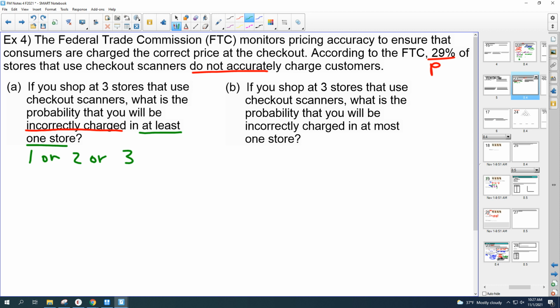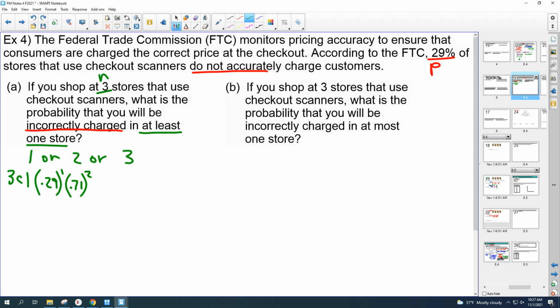So we want to do 3 different iterations of that formula. We've got 3 stores, so that's your n number, and we're going to use x equals 1. 3 choose 1, and then that means we're going to have 1 of the 0.29s. And 1 minus 0.29 is 0.71. So that'd be 2 that do charge accurately there.